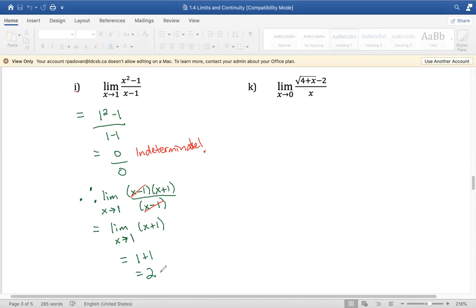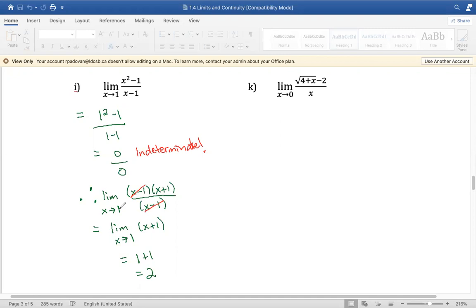So if I'm approaching from the left-hand side or from the right-hand side, there is an open hole at the value of 1. I would have a y value of 2, right? I'm approaching, nearing 2. So the limit exists, though the function is not continuous at that value of x approaching 1.